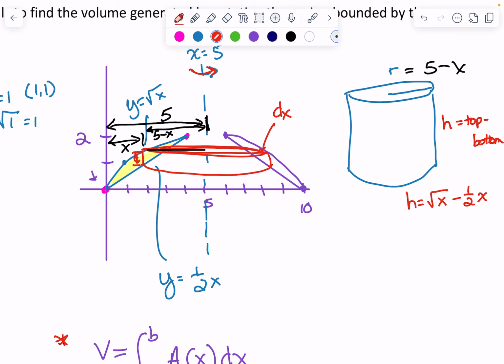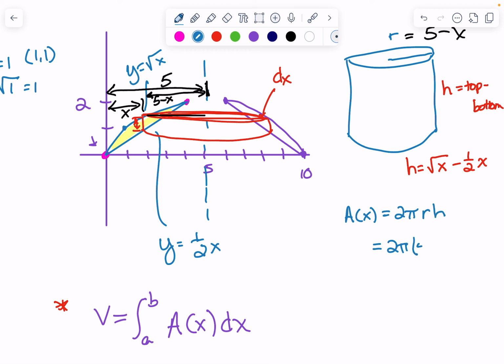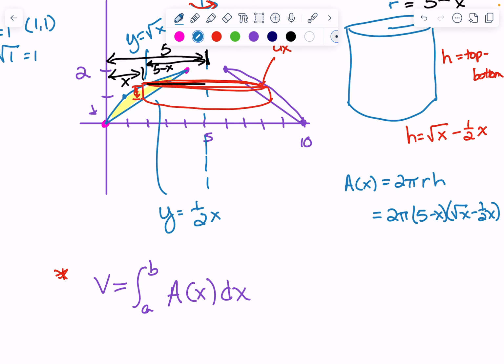All right, let's write out our area now. A of x is equal to 2 pi rh. That means it's equal to 2 pi times my 5 minus x times my square root of x minus 1/2 x. Now I'm going to FOIL that just so that it looks better.